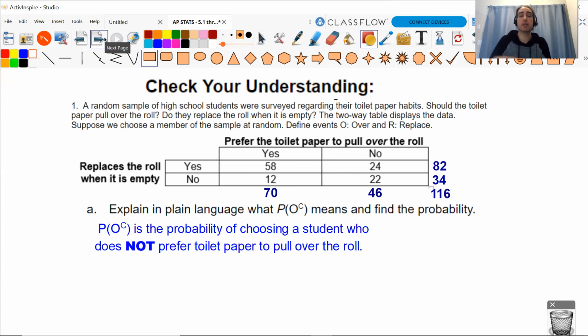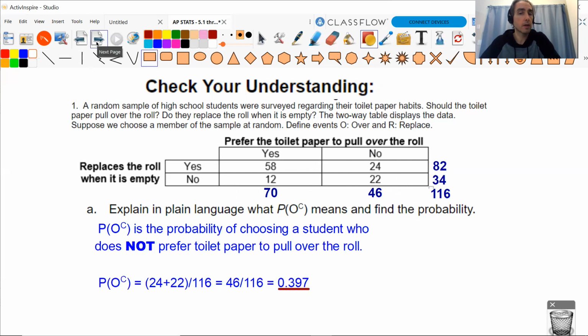So not over. Look at the overs here. Toilet paper to pull over the roll. These are the yes, so that means these are the nots. And because it's the entire thing, it's not a conditional, it's going to be 46 out of 116, or 24 plus 22 out of 116. If you weren't given those, you had to add those to get the 46. That's the not.